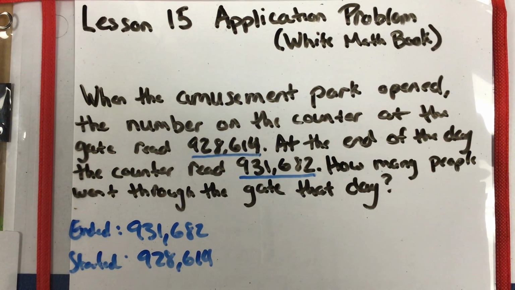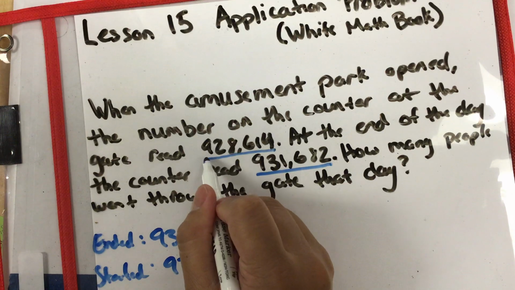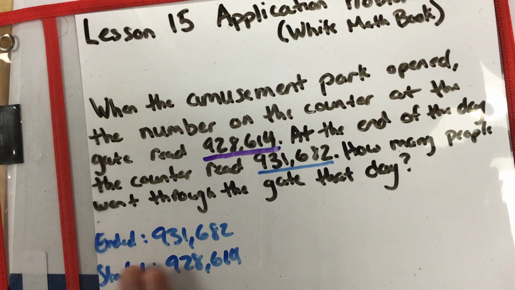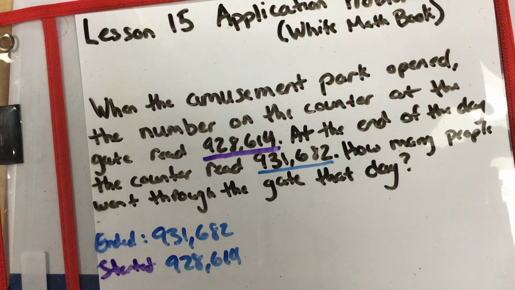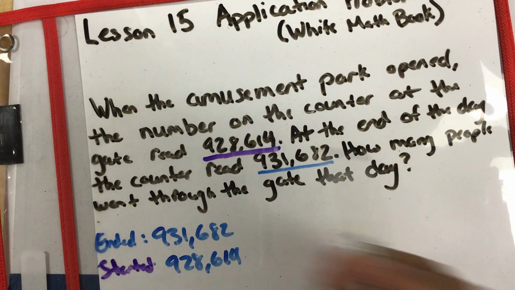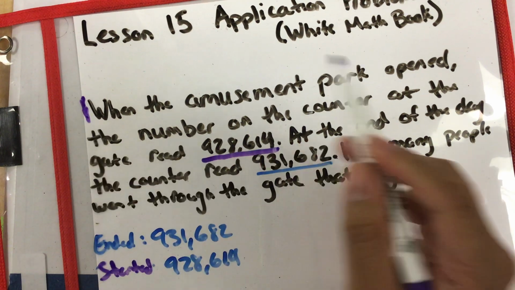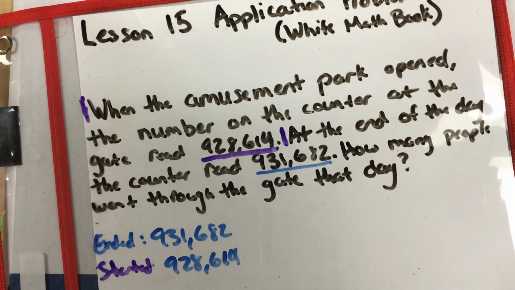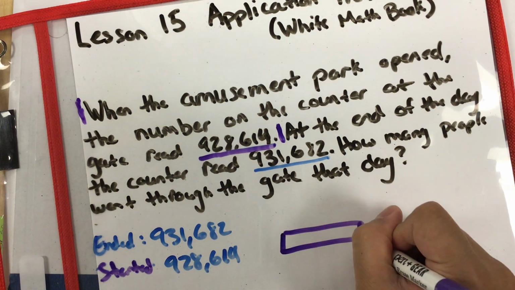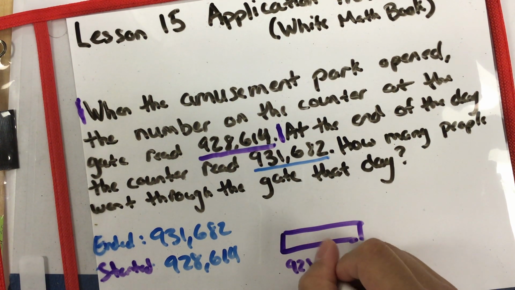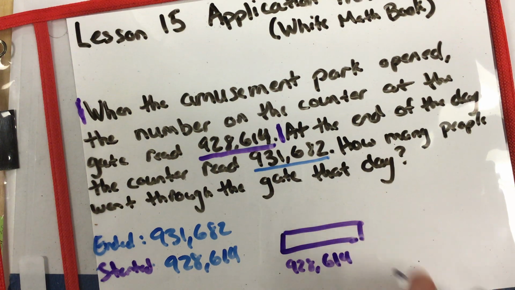And that's right up here. Oh, sorry. I know some of us like to see color codes. So the purple right here, and this will be the started. Okay? So if we're going to draw a picture, we're looking at the very first line where it says, when it opened, the gate read at 928,614. So we're going to have right here, this is 928,614.